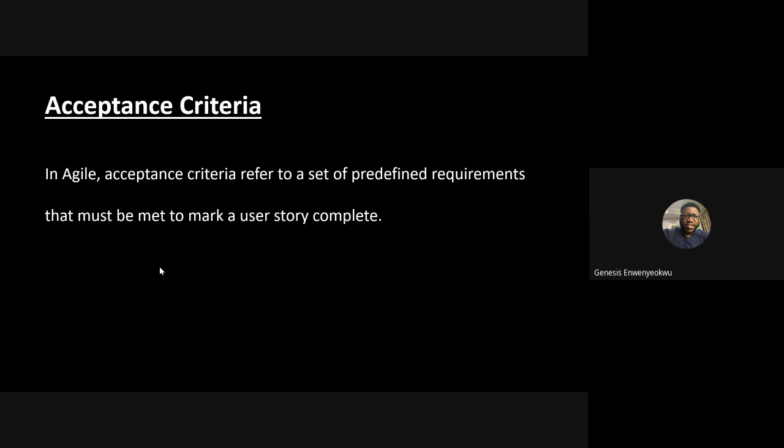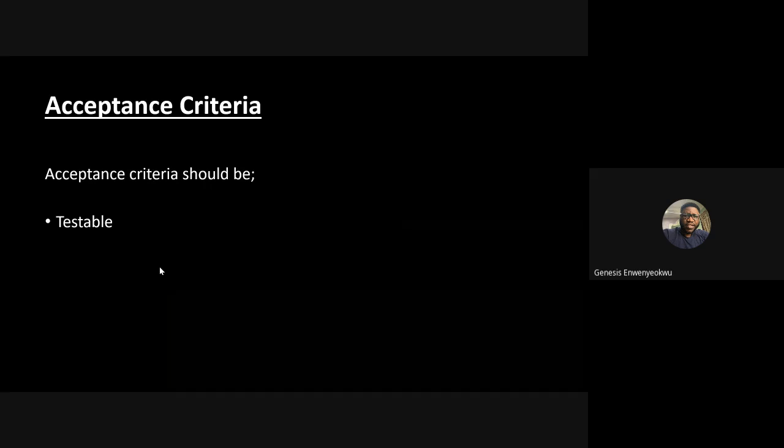So acceptance criteria refers to a set of predefined requirements that must be met to mark a user story complete. These are the list of requirements we need to meet so that we can tick this user story as being complete.